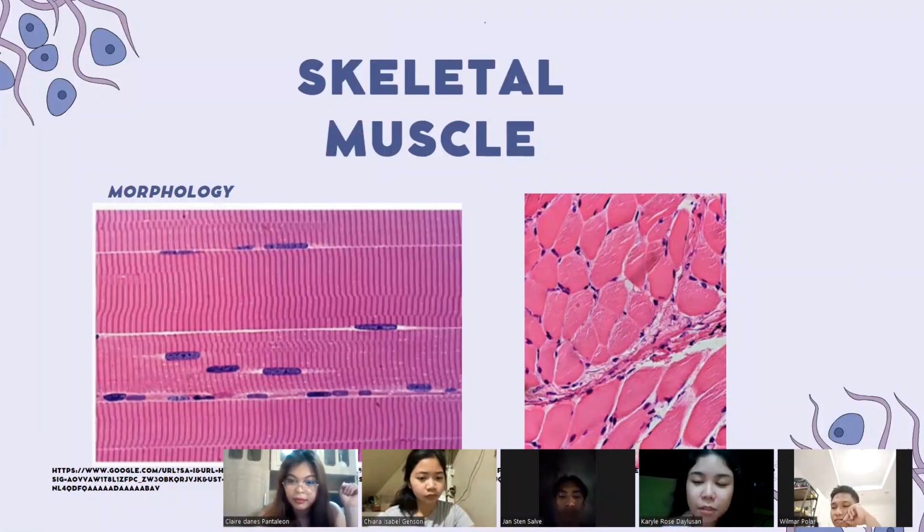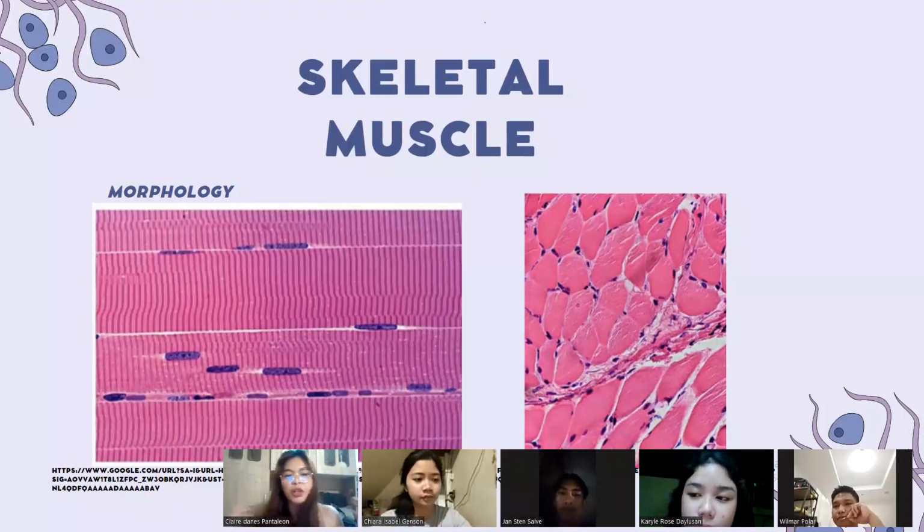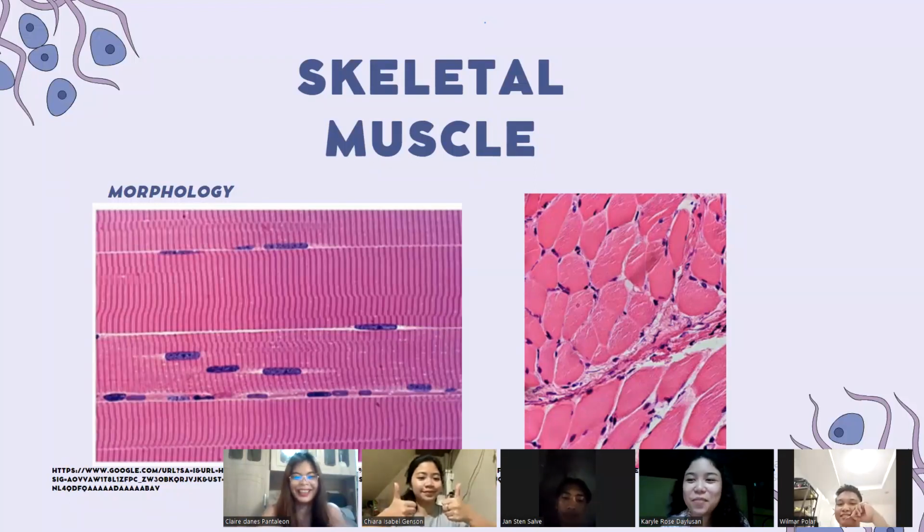It is striated, miss, because it is composed of actin and myosin. Okay, that is correct. And also, again, the skeletal muscle is voluntary. You yourself are able to control your muscles. Am I right? You're right, miss. Okay. Now let's move on to the next slide.